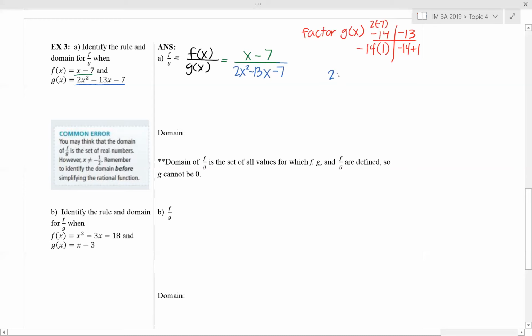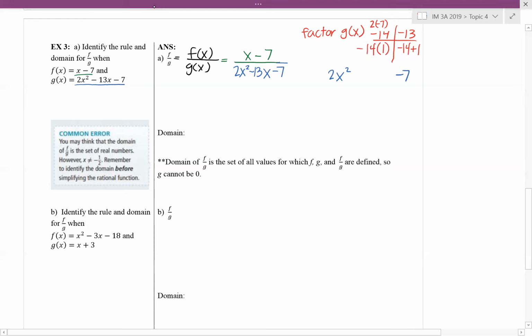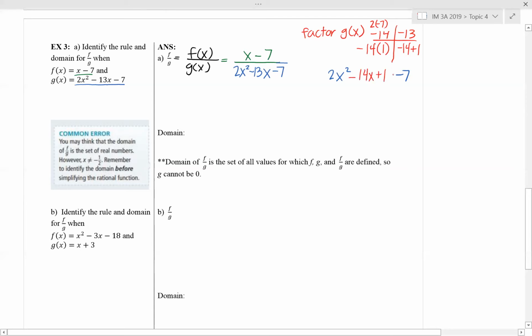So remember that because a is not 1, this is where we have to do grouping. So we're going to have to take our 2x squared and our negative 7 from the original problem and use the negative 14 and the 1 to split up our negative 13x. And so when I'm doing this factorization, I have to factor out a GCF from each part of the two groups that I create.